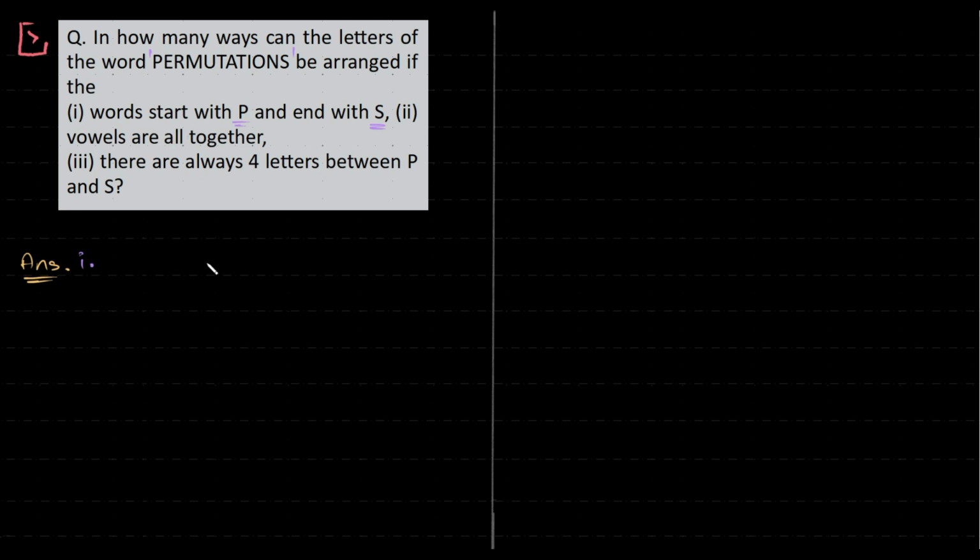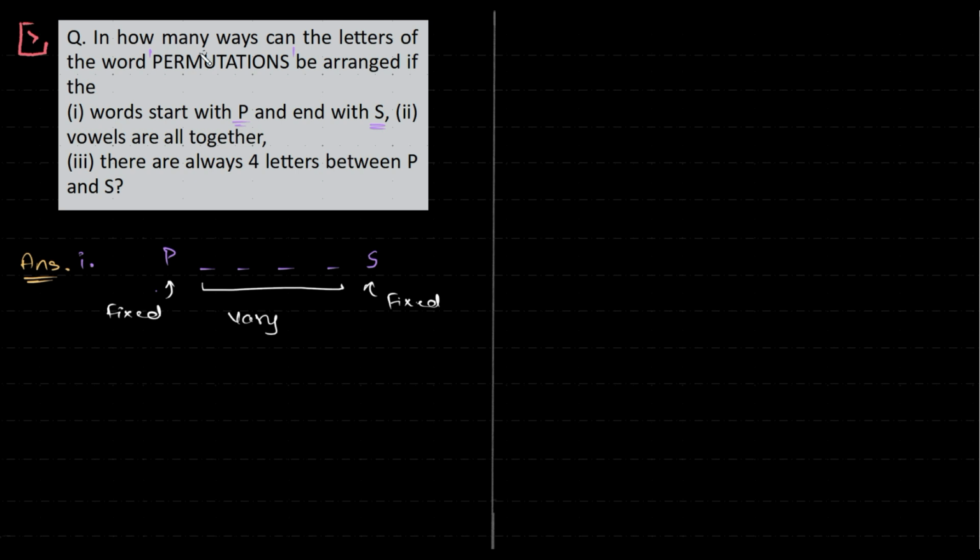When the word starts with P and ends with S, it means we have P fixed at the start and at the end we have the S, right? So we have this to be fixed, while this part will vary.